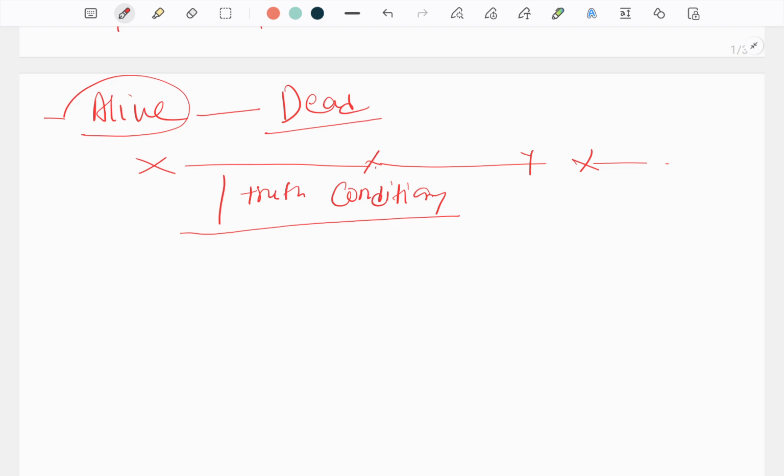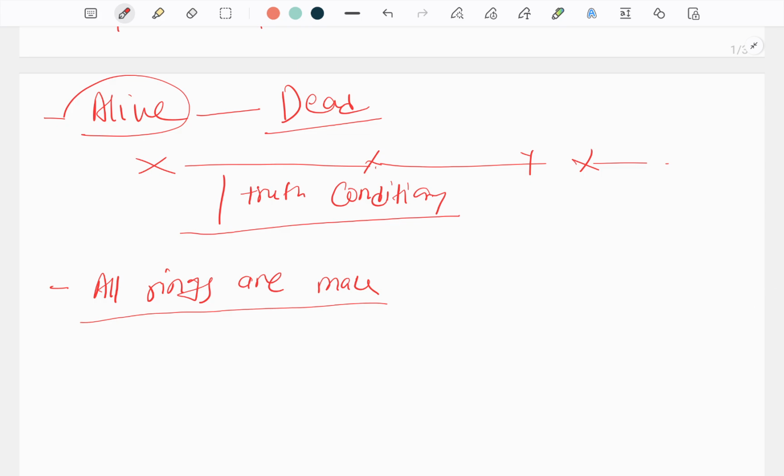Here, suppose I take an example like "All rings are male." What is the meaning of this sentence?